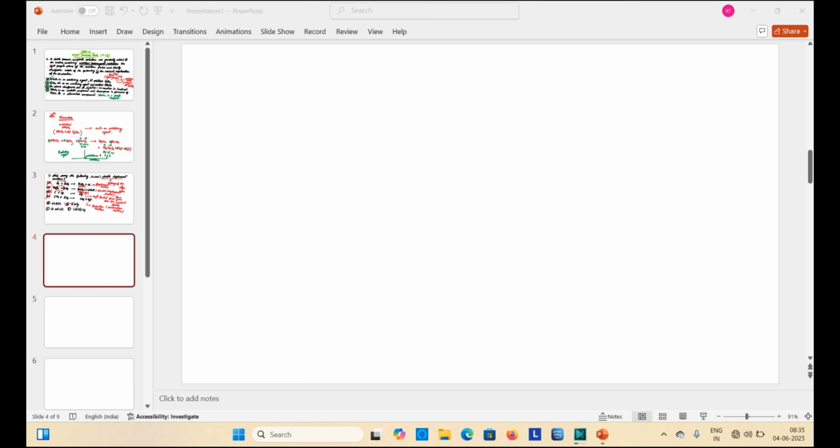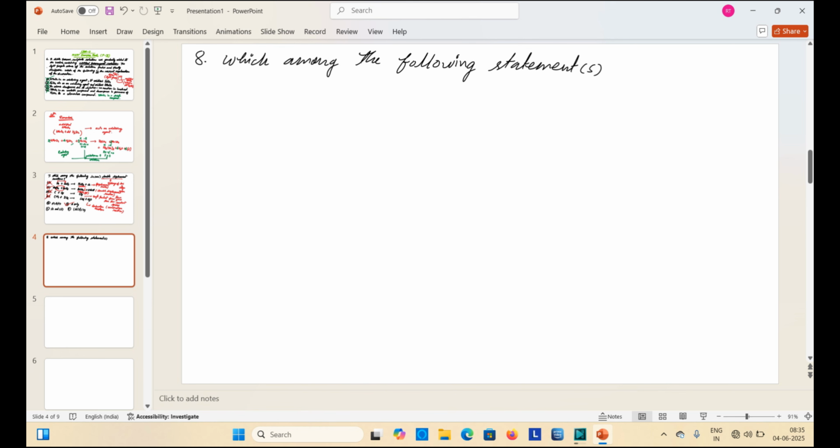Now come to the eighth question. The eighth question is saying to us: which among the following statement or statements, there can be more than one statement, is or are true.